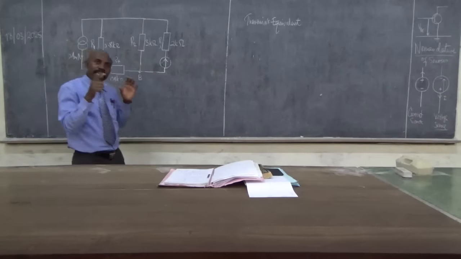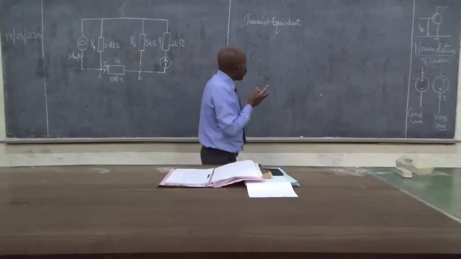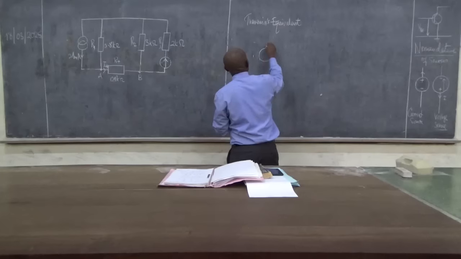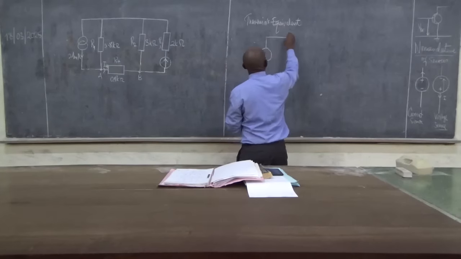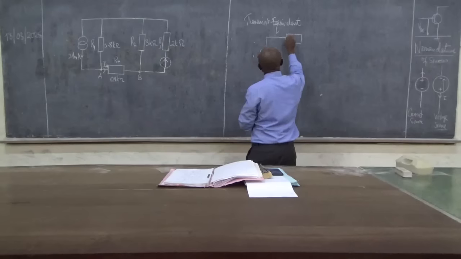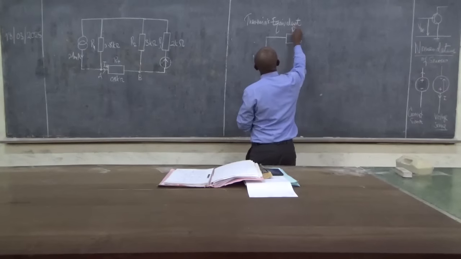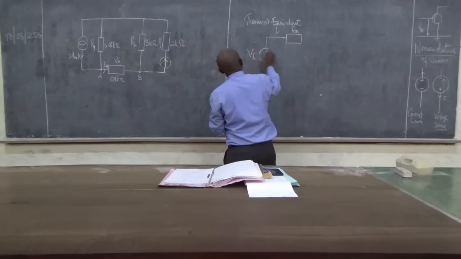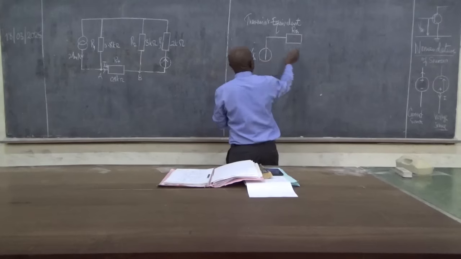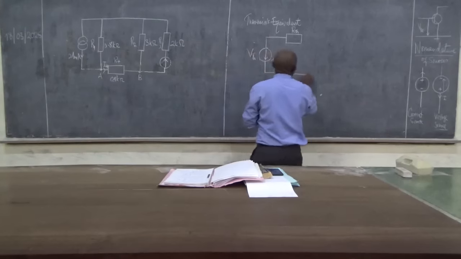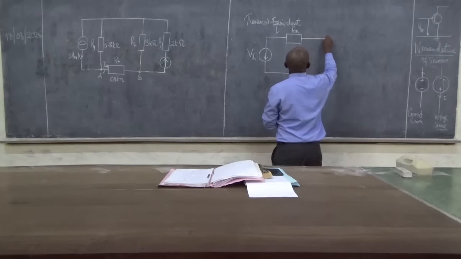We shall represent the whole stuff as 1, Thevenin's voltage in series with the total resistance of the system, which we shall also call Thevenin's resistance. This is Thevenin's voltage. And if we are looking at the current flowing there, that means we can do this. And then we have our 2 terminals.